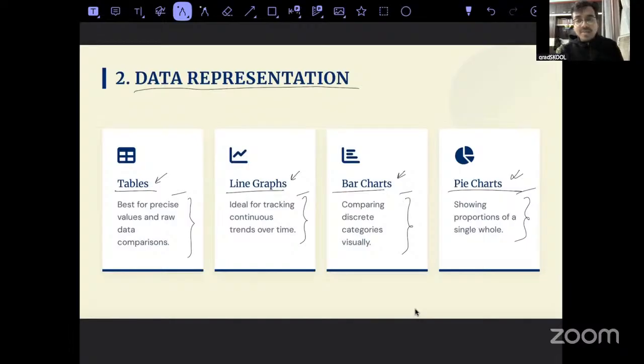Bar charts can be said as comparing discrete categories visually. I'm just reading it out for you. I'll explain them in slides properly. So that would be a good area for you to understand how these things are. Pie charts are basically showing the proportion of a single whole. Just forget whatever I told you. I just read it out for you guys. I'll explain each one of them separately. Let's move forward.